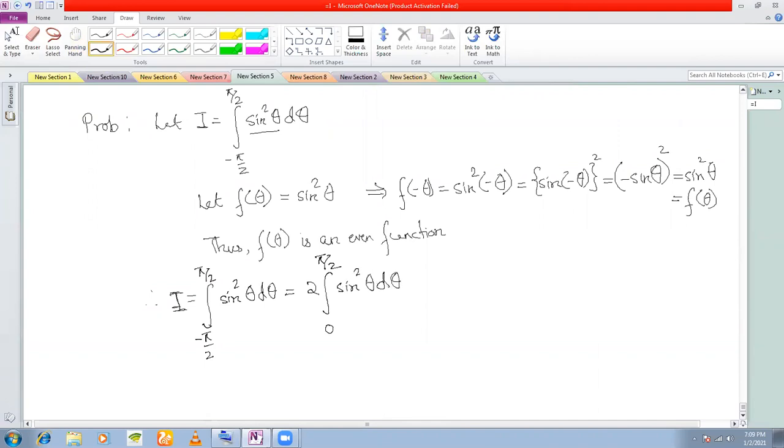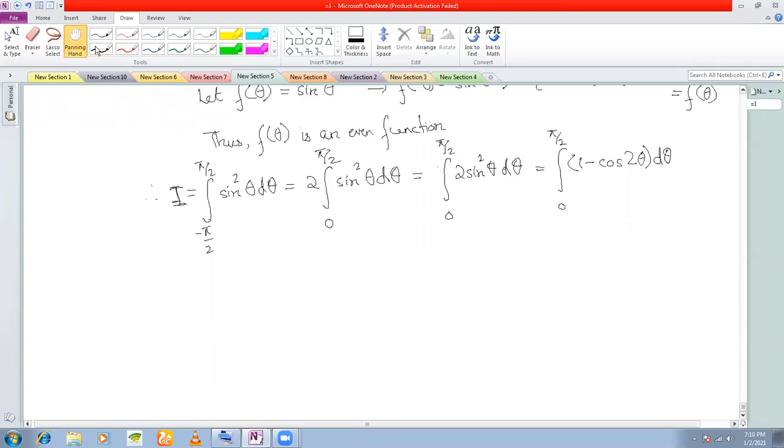And you know how to evaluate this integral? You have a power of sine, you convert it to a multiple angle formula. How do you convert it? You know that 2 sine square theta is equal to 1 minus cos 2 theta, right? You take the 2 inside: integral from 0 to pi by 2 of (1 minus cos 2 theta) d theta.